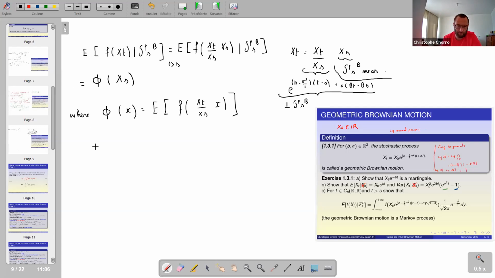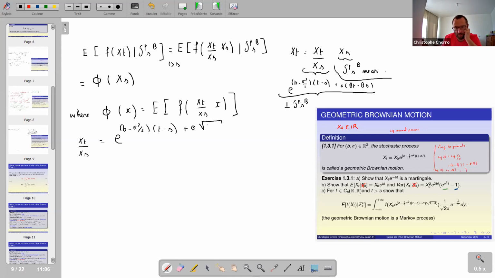So let's do the job. I remind that according to what I have written here, Xt over Xs is equal to exponential b minus sigma square over 2 times t minus s plus sigma times Bt minus Bs, and this sigma times Bt minus Bs has a distribution. So I can write it this way.